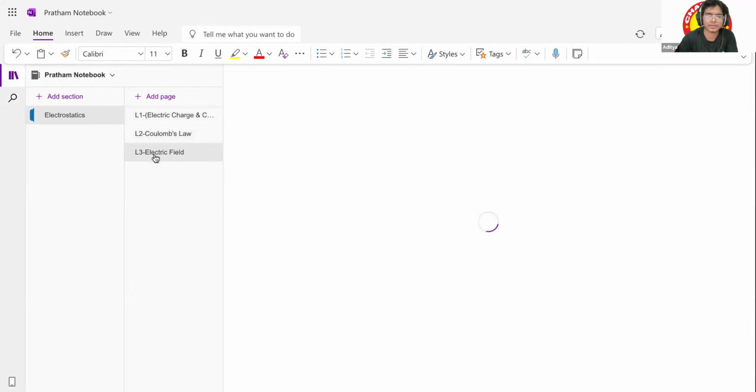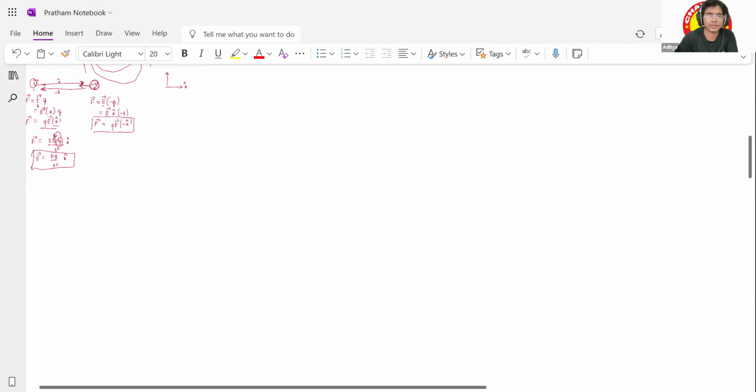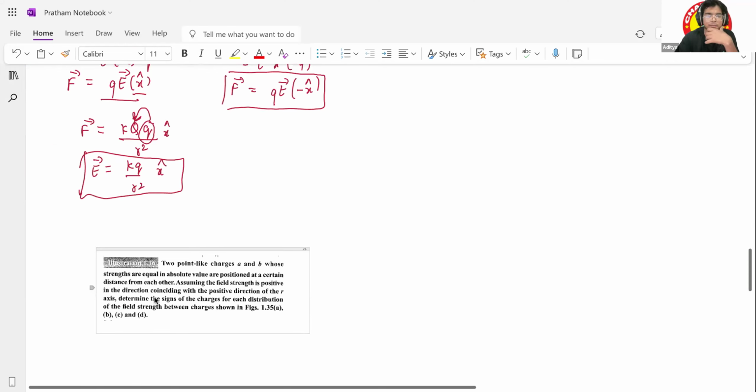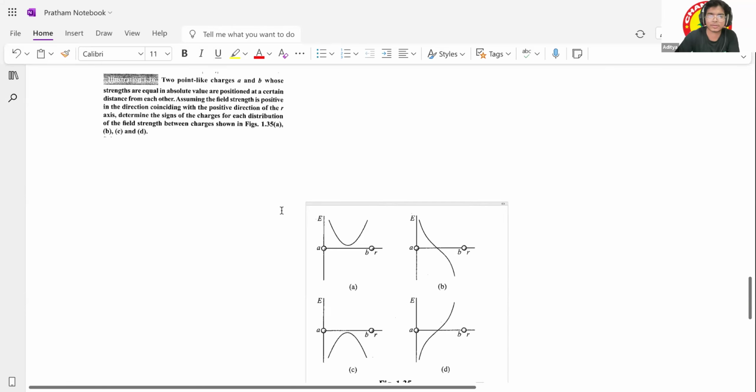So this is the question, and there are some equations corresponding to it, and the graph provided with it.